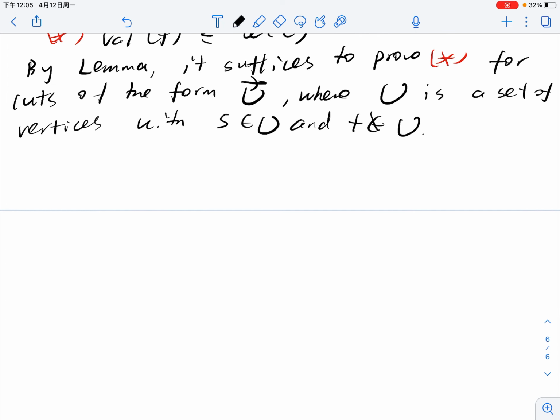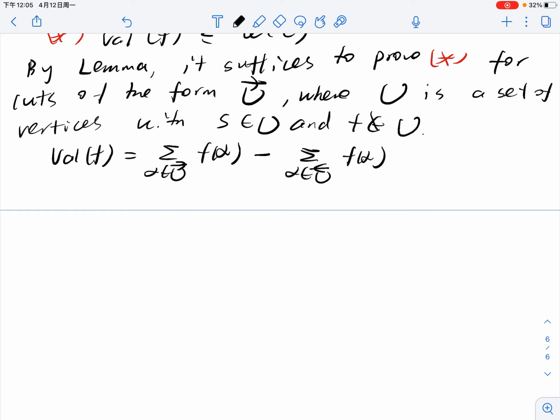And this is because, by the lemma before the previous lemma, we have value of f is the summation of f alpha for all alpha leaving U minus f alpha for all alpha entering U. And by the definition, f is non-negative.